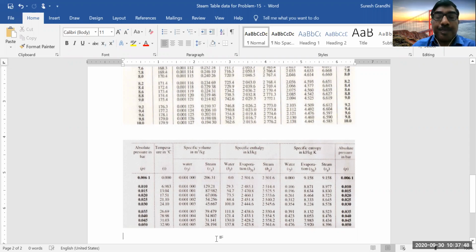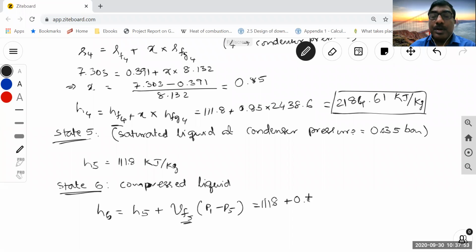0.001003. 0.001003 into, this is P1 equal to 40 bar. 40 bar we have to convert into kPa, so 40 into 100. 1 bar is equal to 100 kPa, minus this is condenser pressure. Again you are converting, 3.5 kPa, 0.035 into 100.